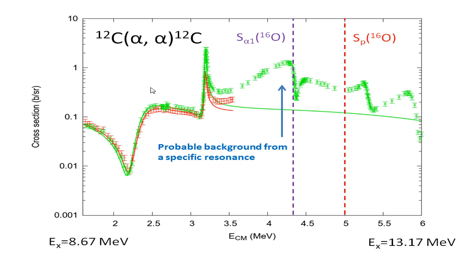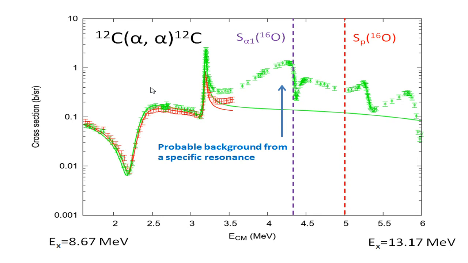The other thing to note, and this is probably an added complication that you won't want to deal with this afternoon with these data, if you're fitting this green data, which some of you started to do, you start to hit other particle separation thresholds. So at this point here, which is something like 4.3 MeV in the center of mass, so just below 12 MeV probably, the alpha 1 threshold opens up.